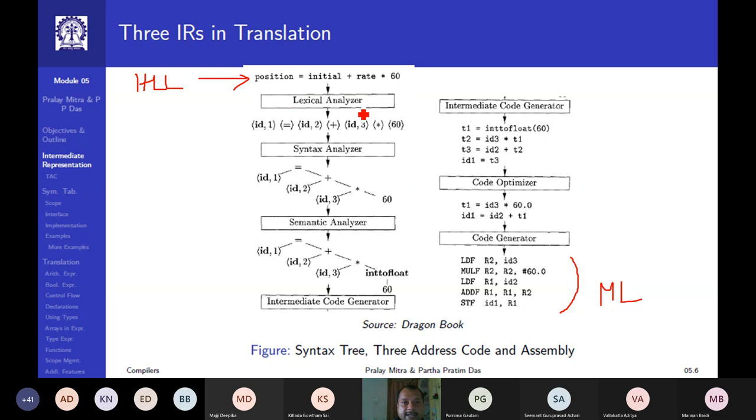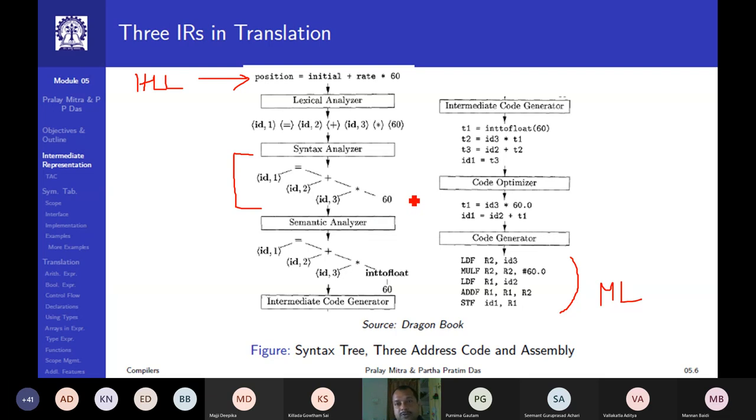First the lexical analyzer takes the source program, tokenizes it and sends it to the syntax analyzer. The syntax analyzer, with the help of its grammar, checks the correctness of the syntax.